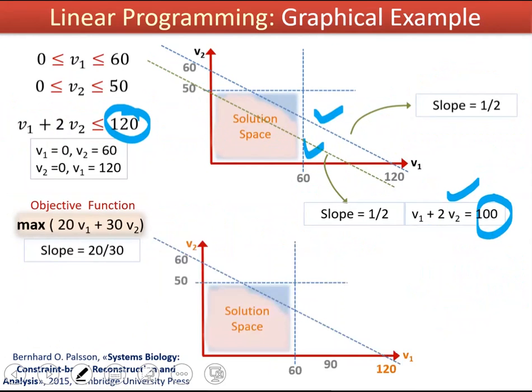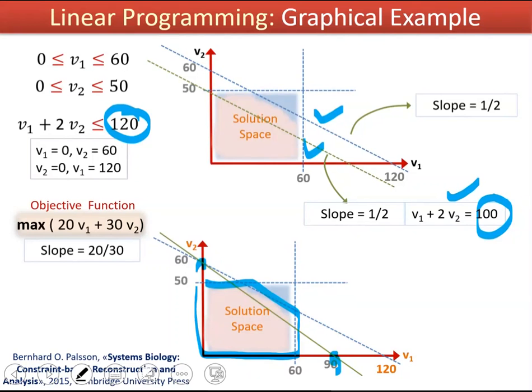So what does this mean? Here, in this solution space, we are searching for a line with a slope of 2/3. So this is 60, this is 90.